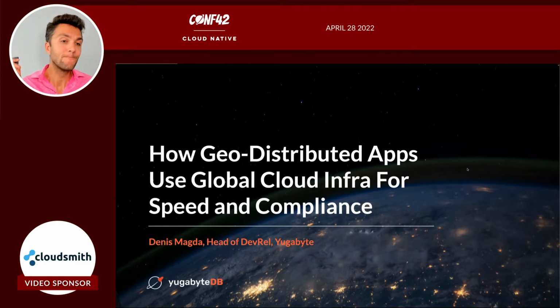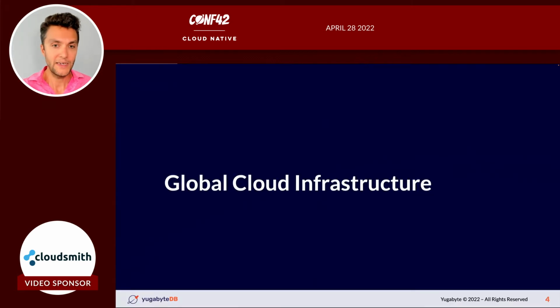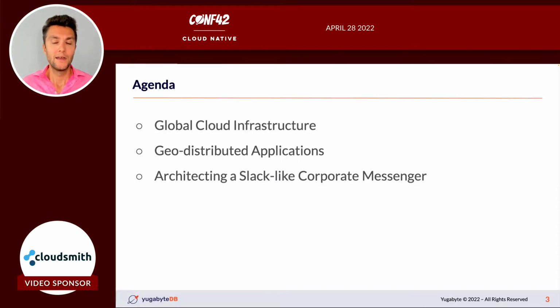All right? So, speaking about the agenda, we will walk through 3 steps. Step number 1. We need to remind ourselves of the global cloud infrastructure that is provided by major cloud vendors. We are going to talk about different resources, about regions and zones.